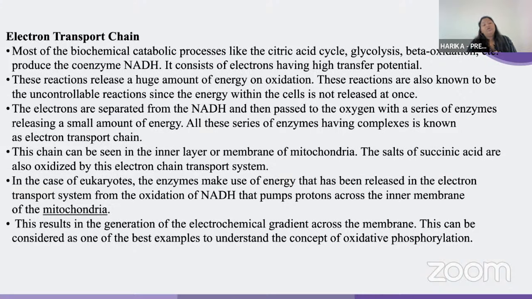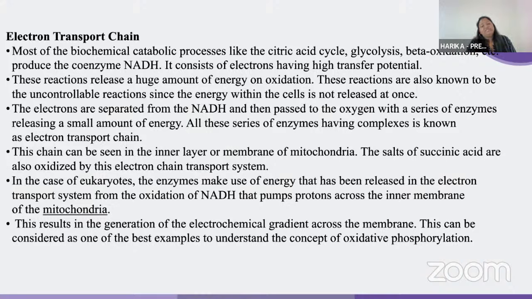These reactions would be uncontrollable if they released so much energy within the cells all at once, but they're not releasing it all at once. They release just a little amount of energy continuously. So these electrons are separated from NADH and then passed to oxygen through a series of enzymes, releasing a small amount of energy, as I have mentioned.